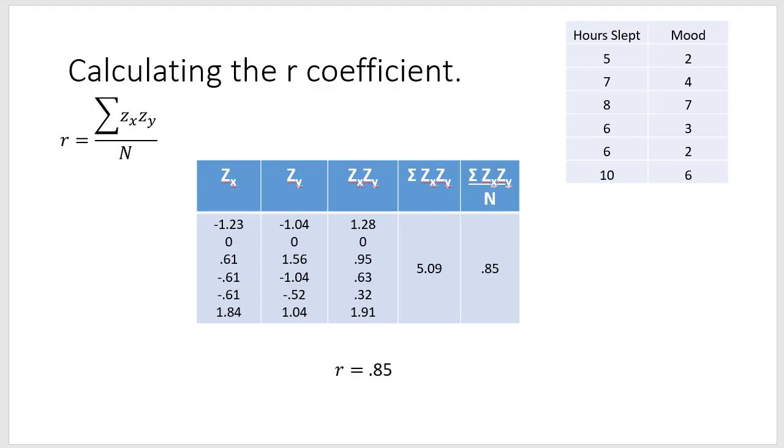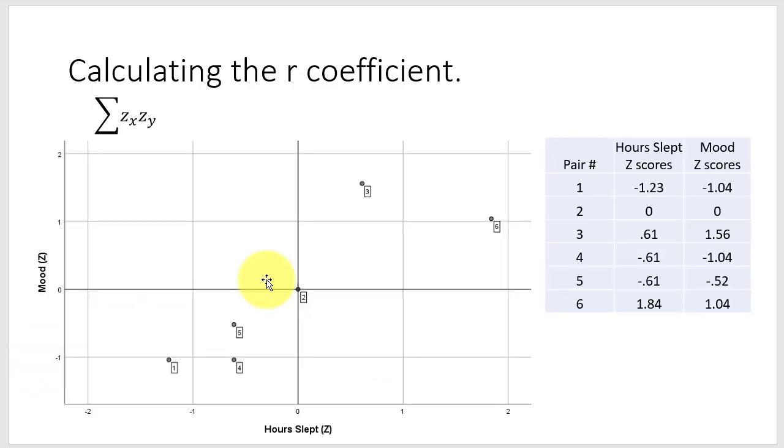So what that looks like is this. The amount of standard deviations, so the total distance that all of these are away from the mean, was equal to about 5 z units.